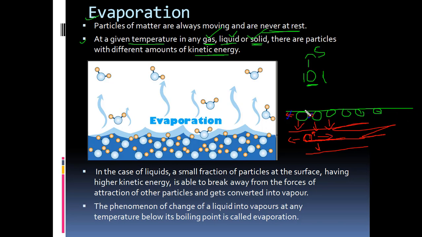Now see, this is the atmosphere, this is air. The temperature of air is in general more than the temperature of water. So due to the temperature difference, energy flows from air to water. This layer of water molecules is getting energized, and the motion of the particles is increasing continuously.